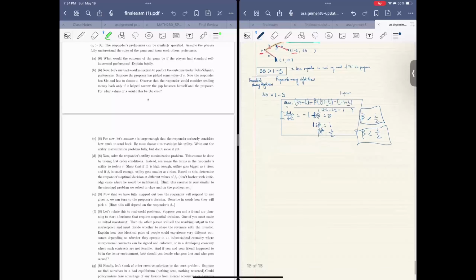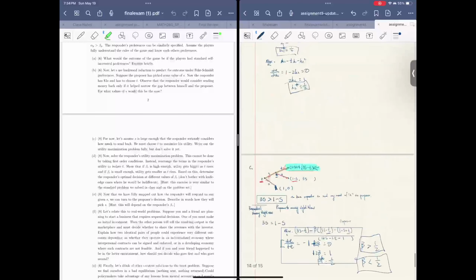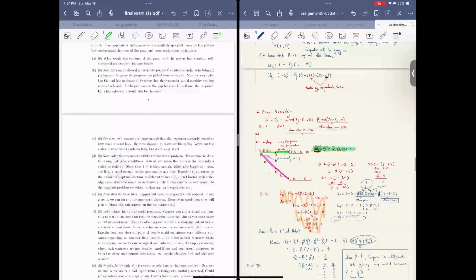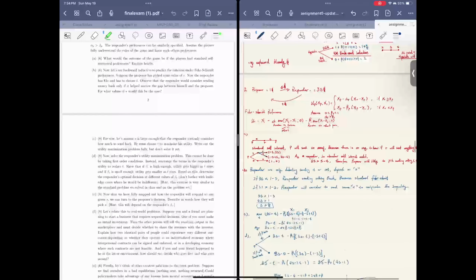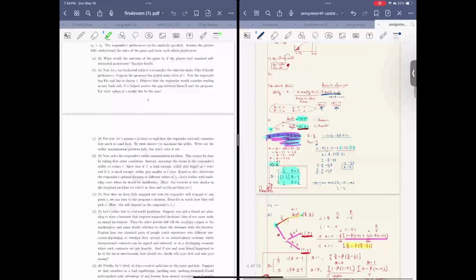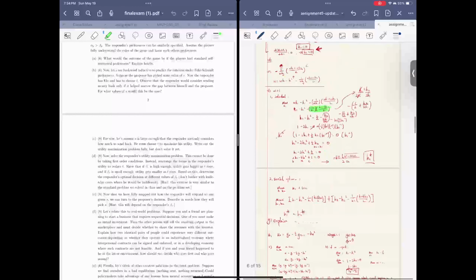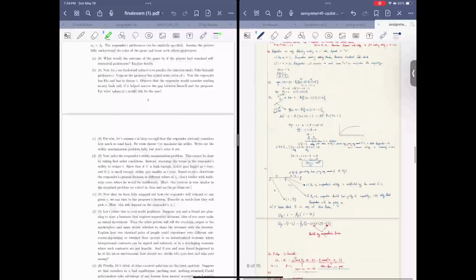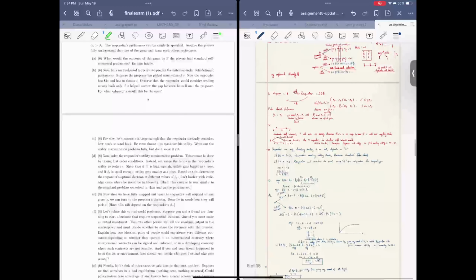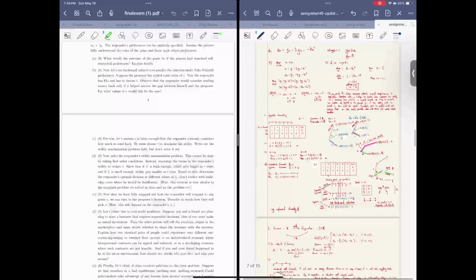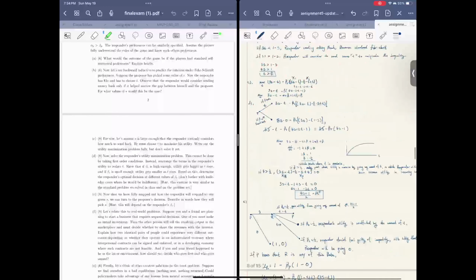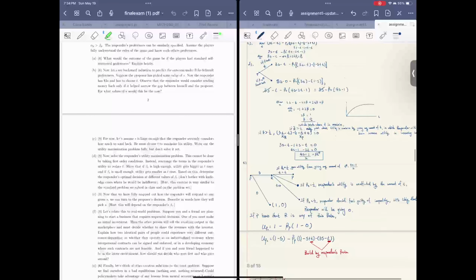Exactly. So yesterday, I think I gave these three explanations. Take the derivative.